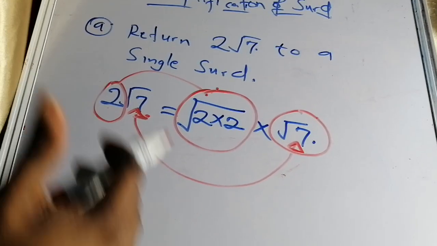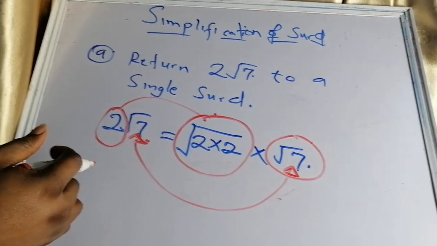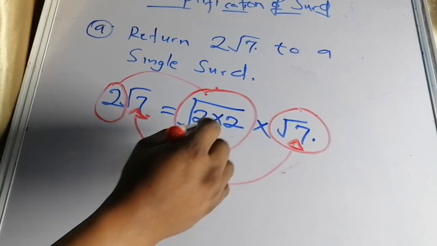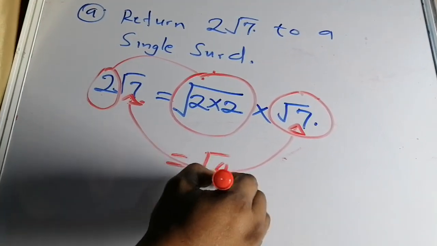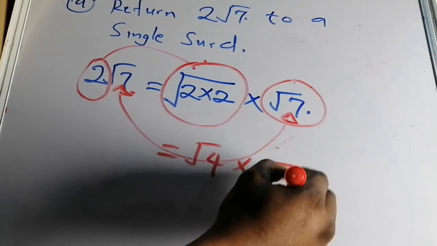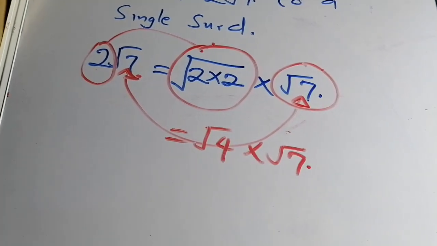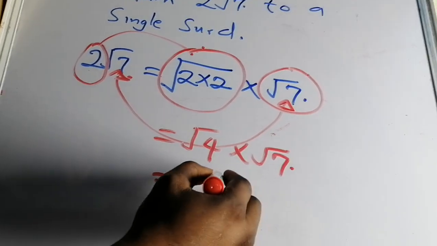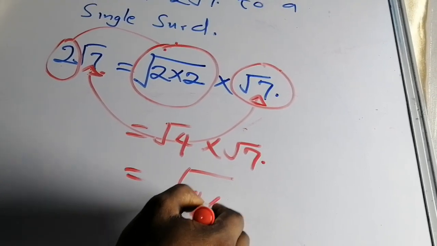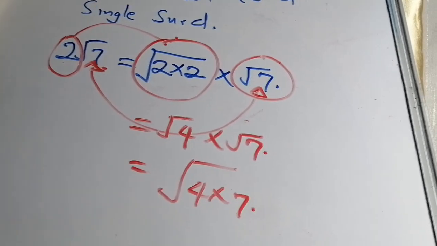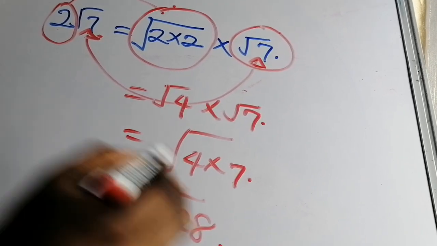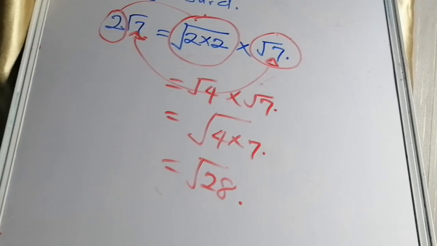A single surd; they will tell us to simplify, but in this case they are telling us to return it back to a single surd. Now, from here, I can say this is root 4 times root 7. So don't forget, from the validity of multiplication, I can take one square root and say 4 times 7. So 7 times 4 is what? 28. It's as simple as that.